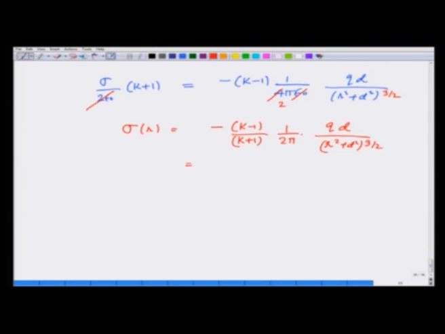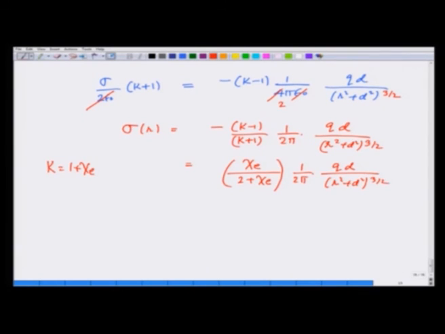which is nothing but chi e over 2 plus chi e. Remember, k is 1 plus chi e, times 1 over 2 pi q d over r square plus d square raised to 3 by 2.